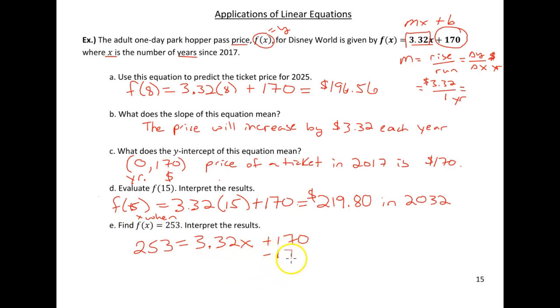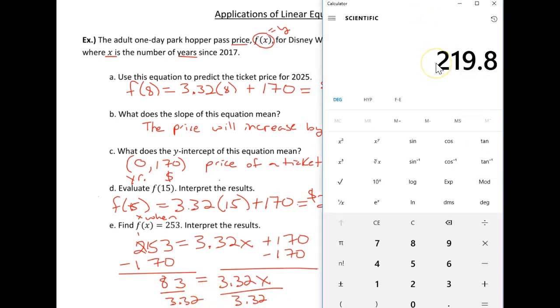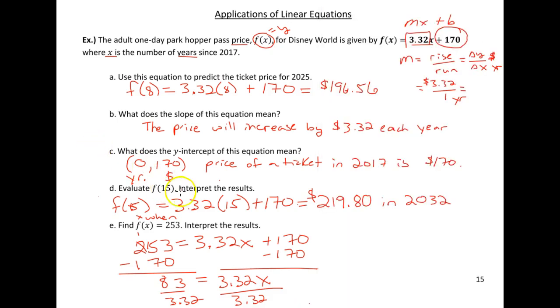So I subtract 170, and get 83 equals 3.32x, and then I divide. 83 divided by 3.32 equals 25. So x equals 25.